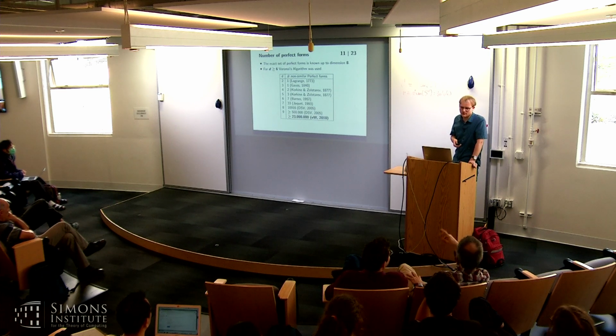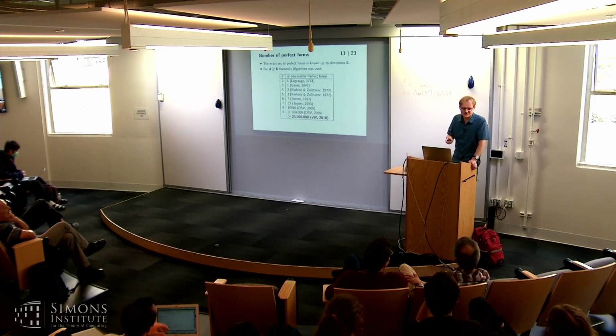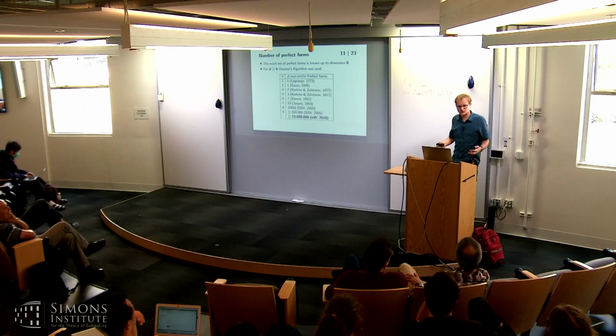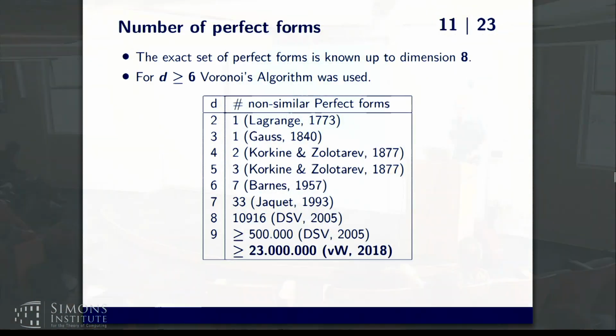But during this enumeration you find the optimal solution pretty quickly, for a lot of reasons. You need to finish the whole enumeration to know for sure that you haven't missed any. Also in higher dimensions you can find good candidates. Instead of doing the full enumeration, you can do a random walk on this graph, and then you also find pretty good ones.